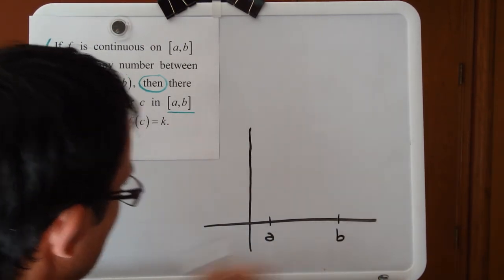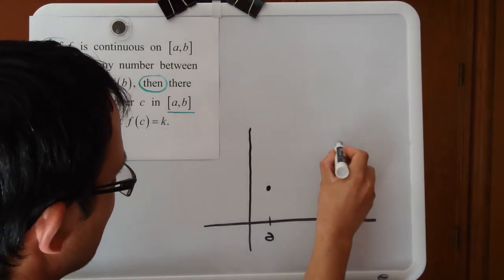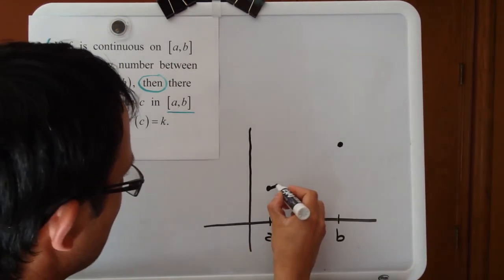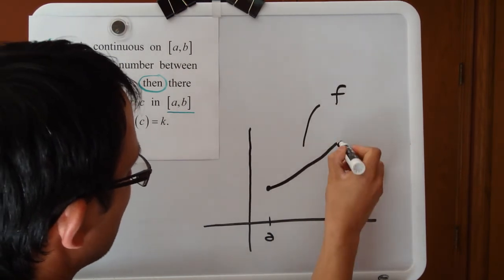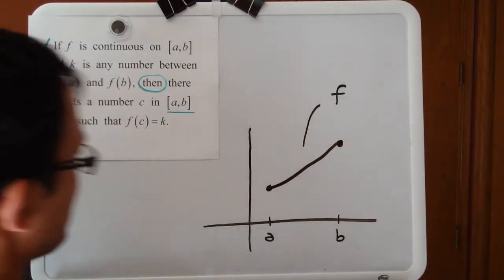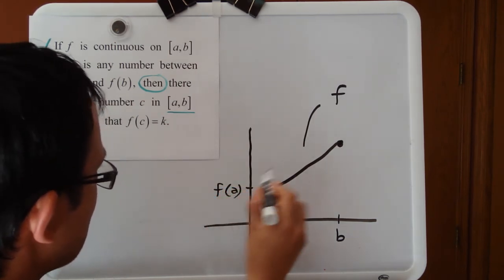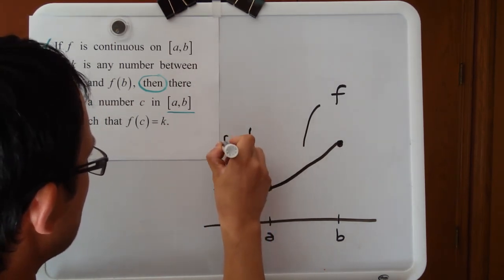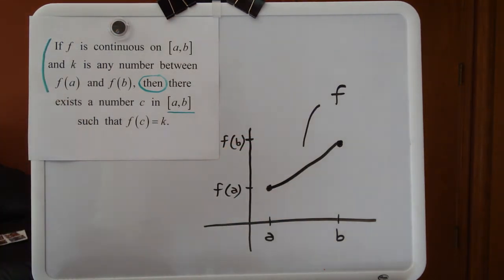There's no point in making it complicated. So I'm going to put f of a here and maybe f of b here. And so we have continuity on a closed window. So this is our function f, and we're including these 2 points here. So we can label this here. We can see f of a is here, and f of b is up here. So the function is continuous there.